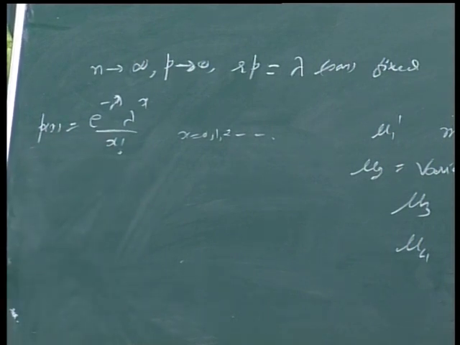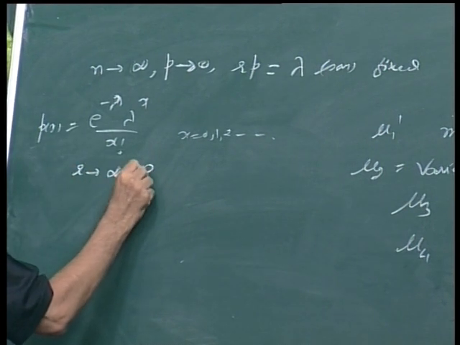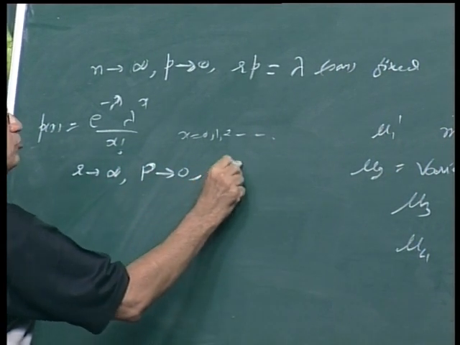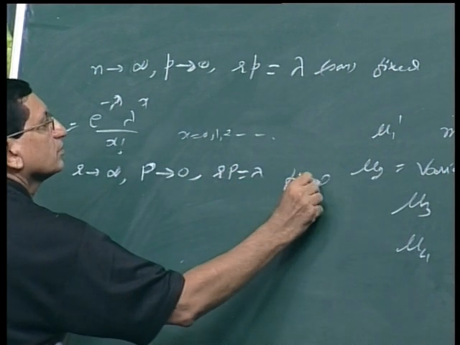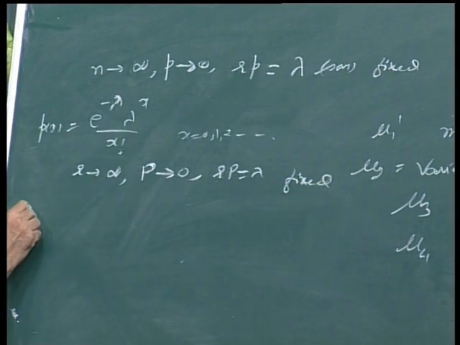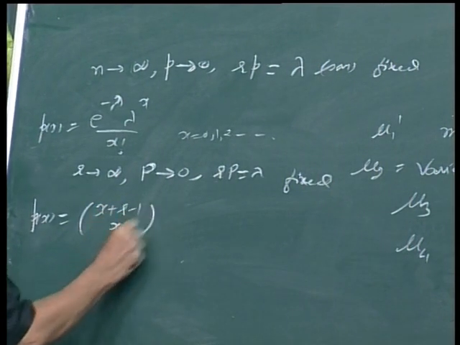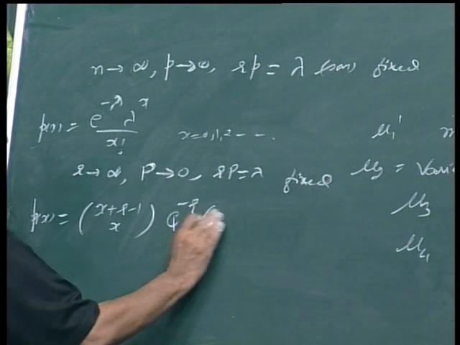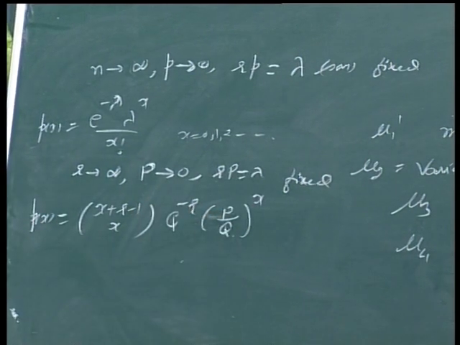Similarly here also, when r tends to infinity, capital P tends to 0 and r into P is equal to lambda, say a fixed quantity, then the probability function p(x), which was C(x+r-1, x) q^(-r) (P/q)^x, okay, this was the probability function of negative binomial.